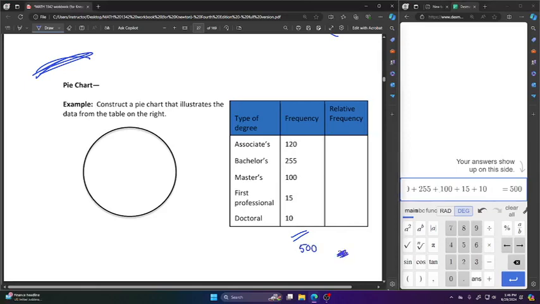Okay, cool. 500. So then I take each one of these and divide it by 500 to find the relative frequency. And this is going to take a second or two because we need decimals.